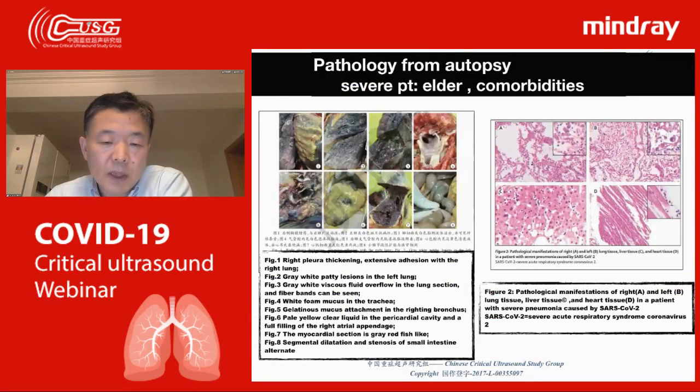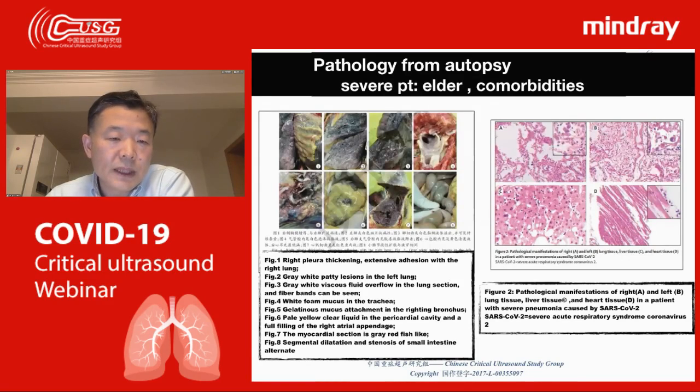It was published by Professor Wang Yongfu. And this patient died, but you see on the left side, the image shows right pleural thickening and extensive adhesion with the right lung.